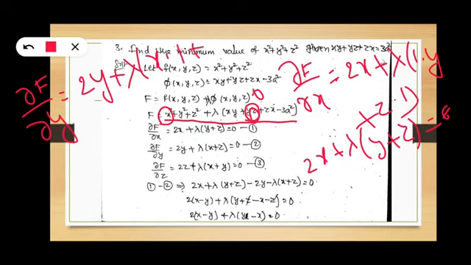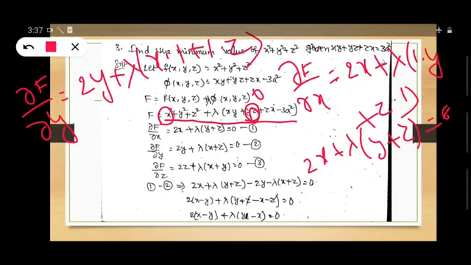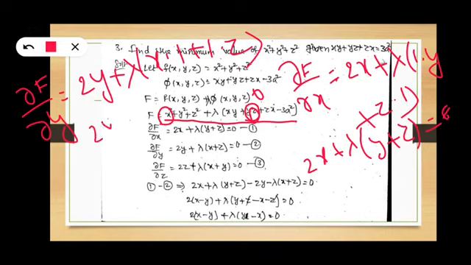Y into z, differentiating y gives 1, z constant, so 1 into z, plus z into x. Zx does not have y so it will be 0, minus 3a square will be 0. So this is what we have. Now we take it as 0, that is 2y plus lambda into x plus z is equal to 0.